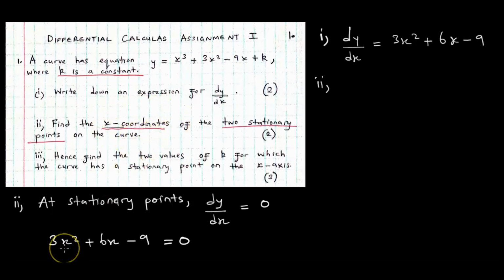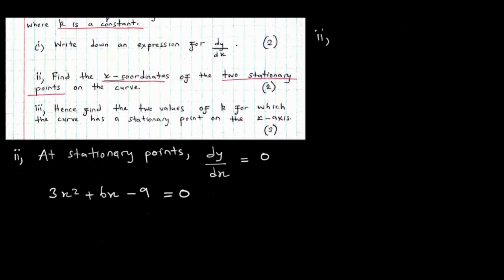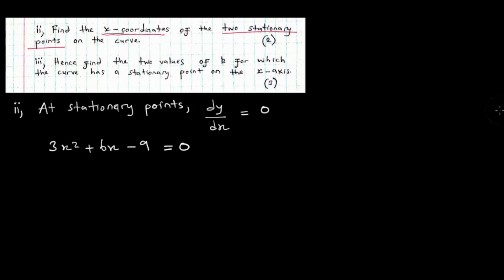So let us now simply solve this quadratic expression using, in most cases, factorization. Here we divide by 3, because we see there is a common factor going into each and every one of our coefficients.